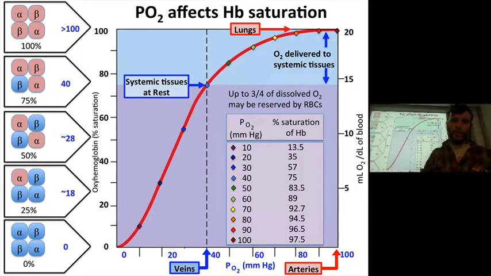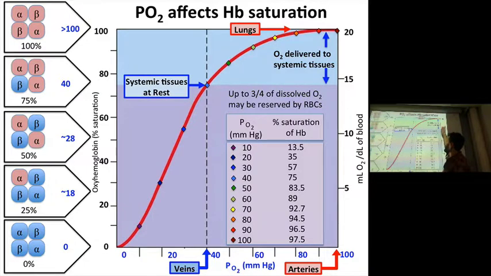It shows it going to 100. I have it saying greater than 100. Oh, I see. Yeah, I have it at 100%. It's not actually 100%. It's something like 98% saturation. There is going to be a small number that are at 75%, for example. But it's very close to 100% saturation when you get up here around 100 millimeters of mercury.